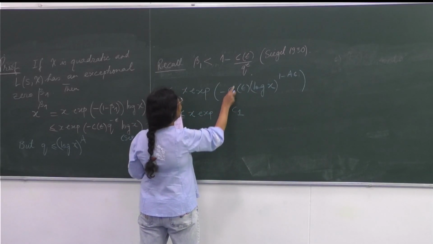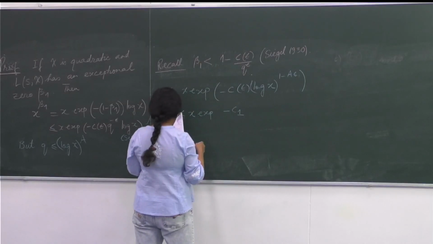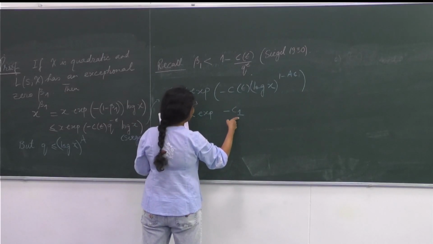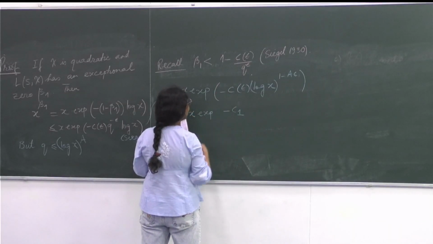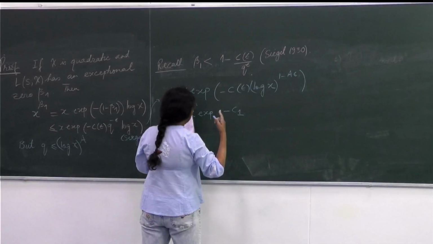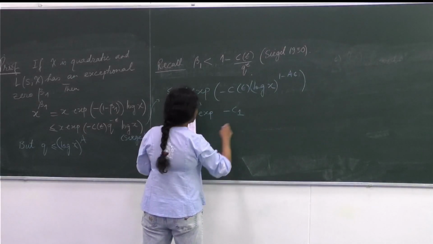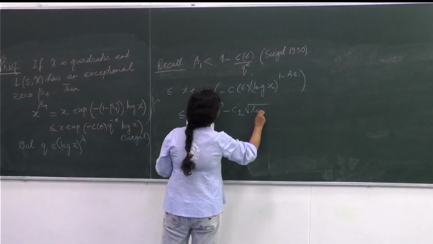This c is the c of this c, not necessarily the same one that comes from the explicit formula. Square root of log x.